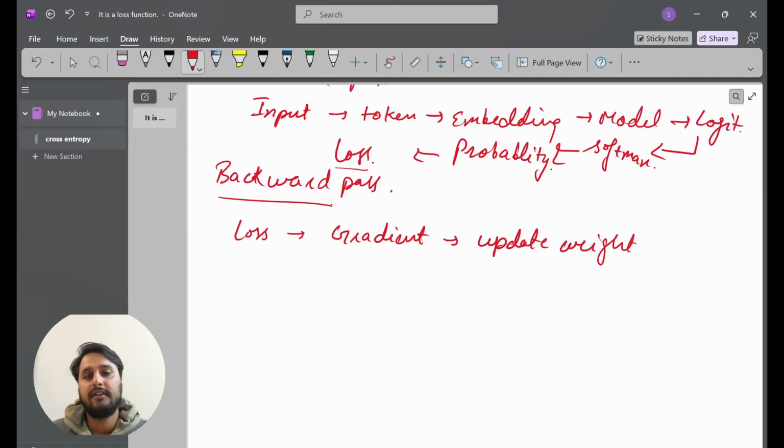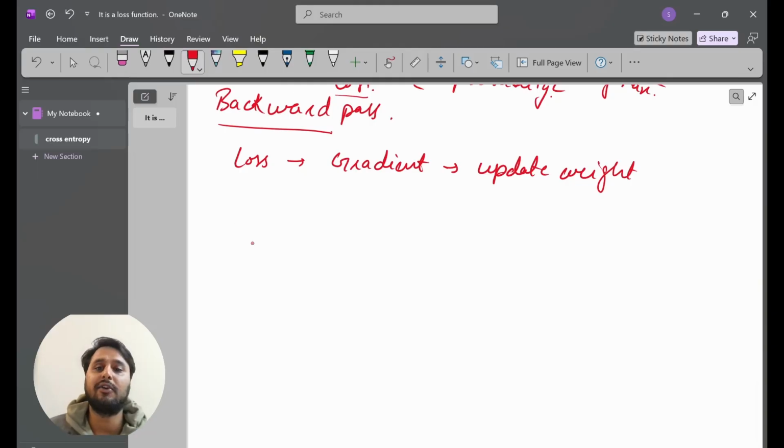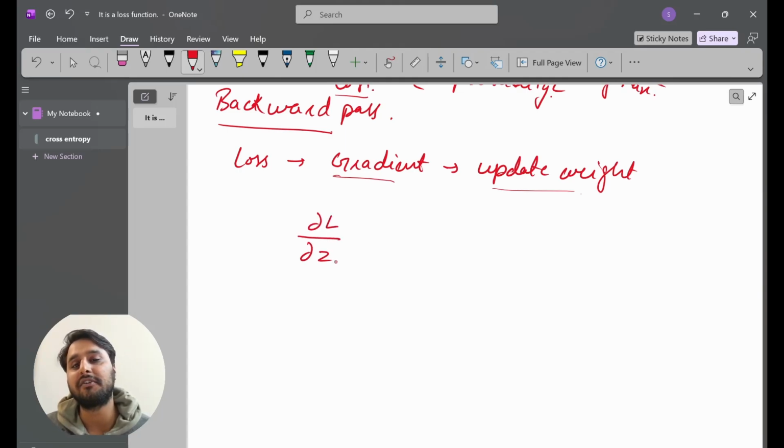Now we have computed the cross entropy loss. Let's understand what a gradient is and how we update our weights. I'm not going to derive the gradient formula, but there is a famous simplification: the derivative of loss with respect to Zi is equal to Pi minus Yi.